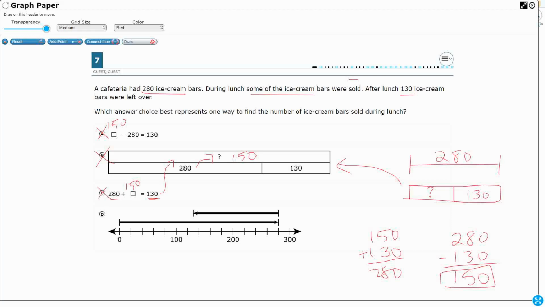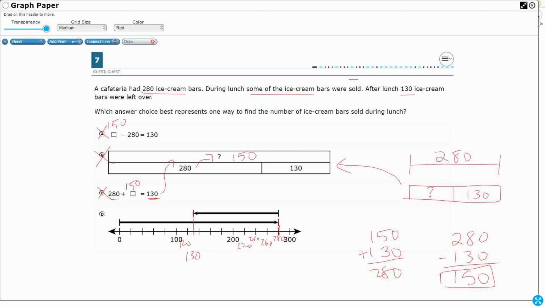So what are we doing here with D? Well, I've got a number line here, and I'm counting by 20s, so 240, 260. So there's my 280. So I've got a 280 right there, and what do I have right here? 120, 130.